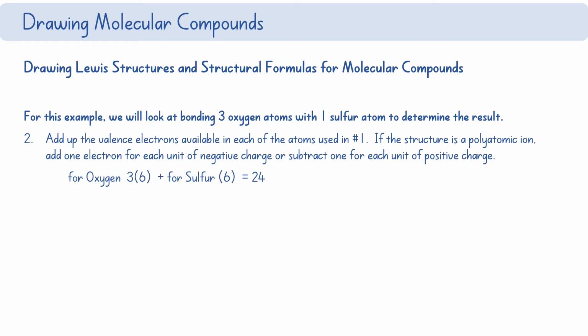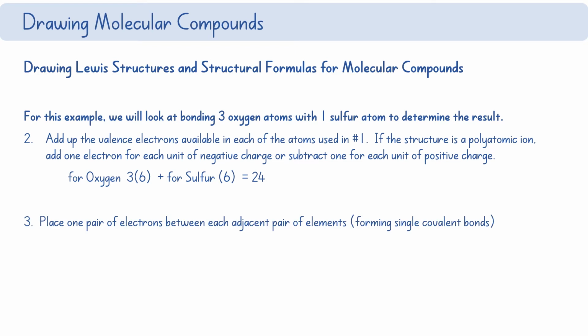So in our calculation, we have 3 oxygen, and oxygen has 6 valence electrons, and sulfur has 6 as well, so there are 24 possible.